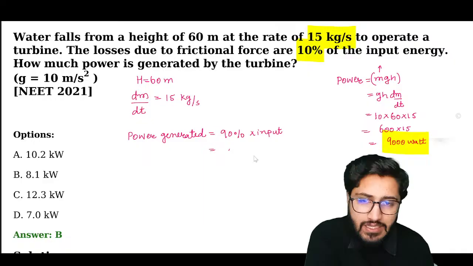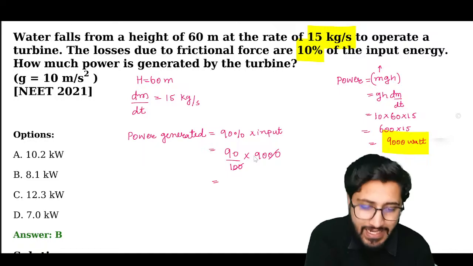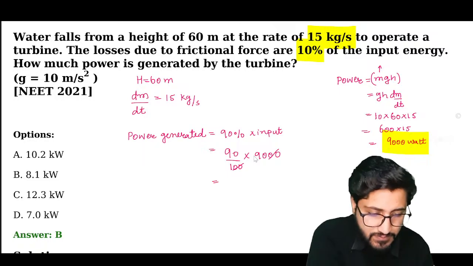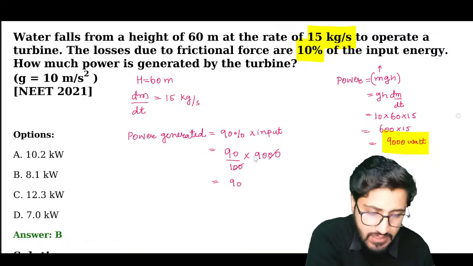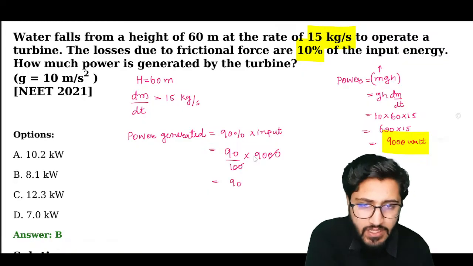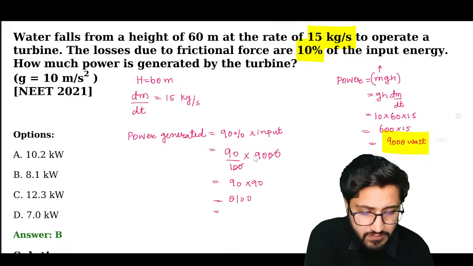I can write here 90%. It is 90 by 100 multiplied by 9000. The zeros cancel out. It is 90 into 90, which is 81.